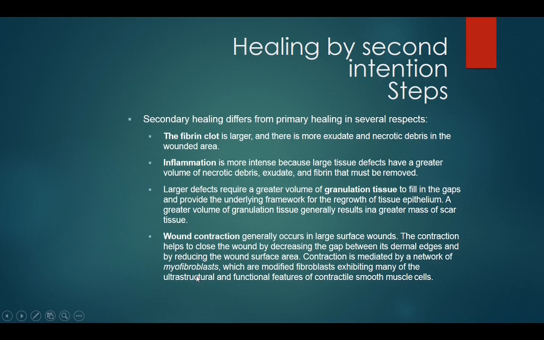Contraction is mediated by a network of myofibroblasts. These are modified fibroblasts exhibiting many of the ultrastructural and functional features of contractile smooth muscle cells; functionally they are more or less smooth muscle cells.